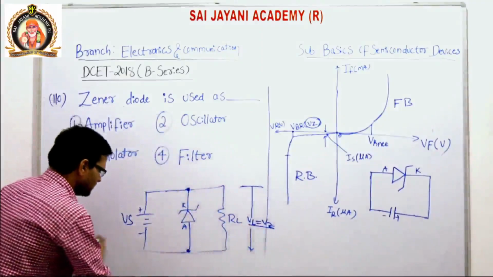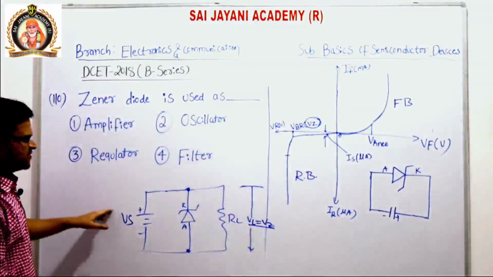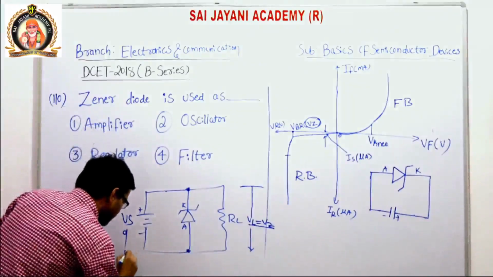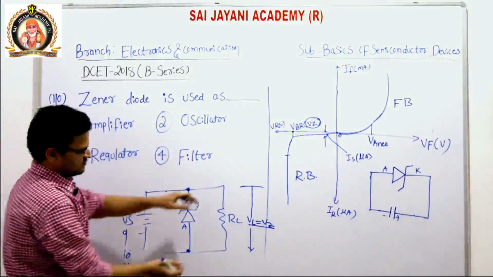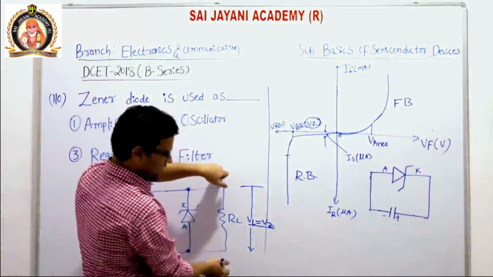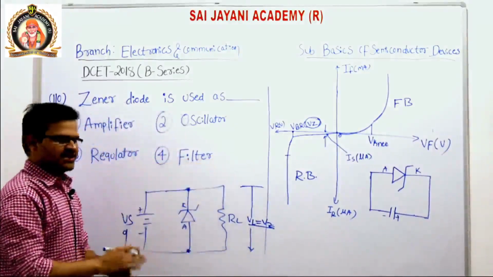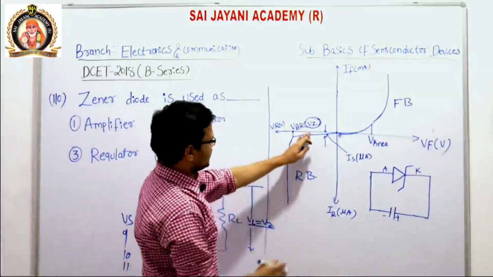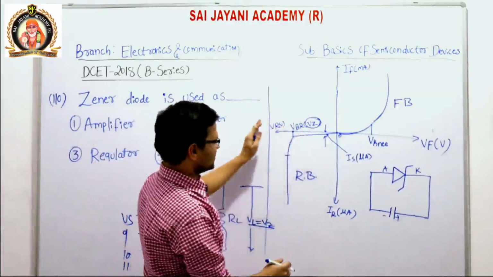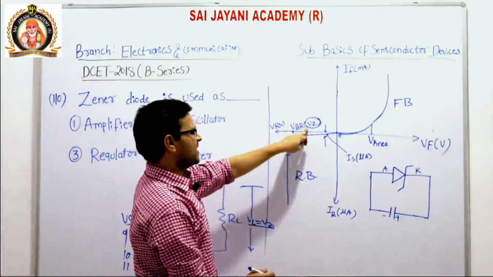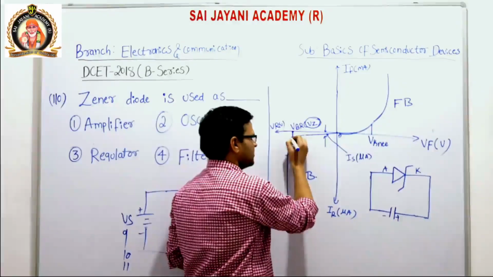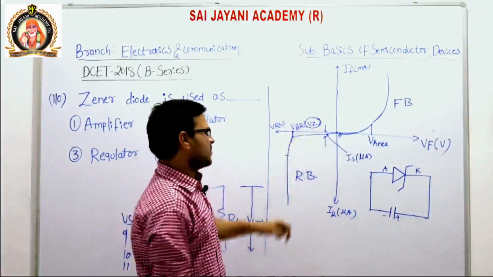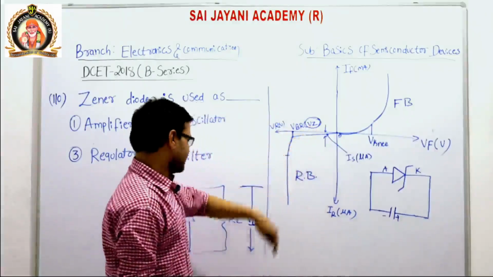If we vary the voltage, if we give 9 volt, 10 volt or 11 volt, the voltage present at the load side will not increase or decrease, it will be constant. See here, if we increase the reverse voltage beyond the VBR, the voltage will be constant, that is Vz voltage, but the current changes drastically.